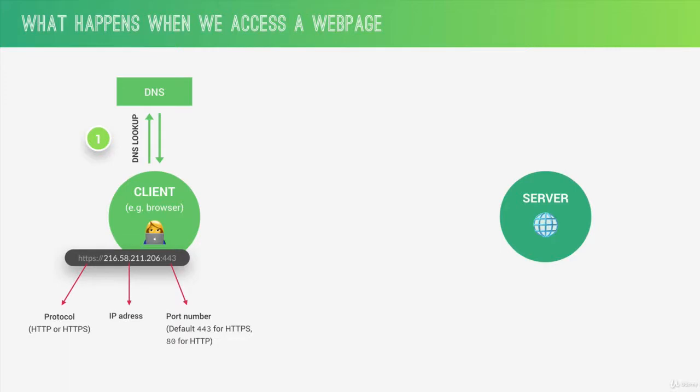So this is how the real address looks like. So it still has the protocol, but then comes the IP address, and also the port that we access on the server. And the port number is really just to identify a specific service running on a server, and so you can think of it like a sub-address. Okay? Remember how we listened to port 8000 on our web server when we set it up in the intro section?